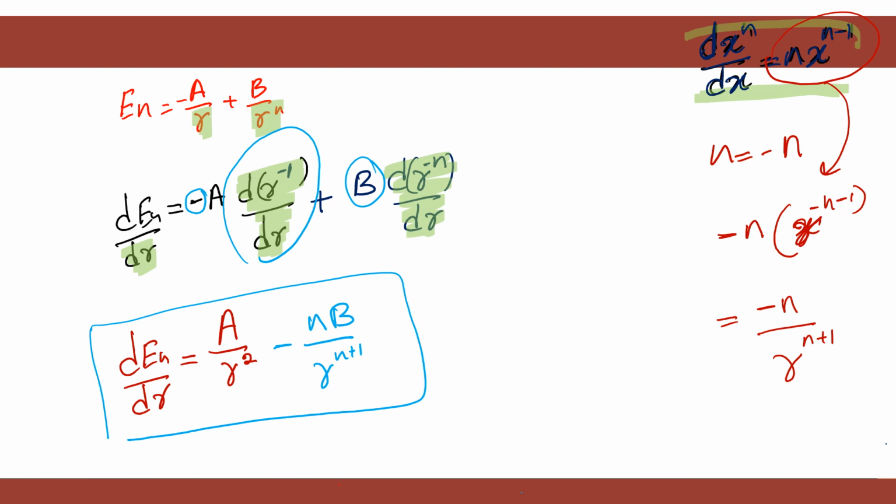Are we good? So if you make this equal to 0 and if you find r naught, that will be the equilibrium distance between the atoms. Agree? So can you find me r naught, please?